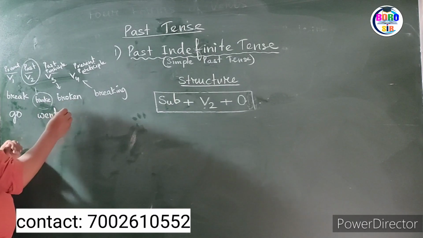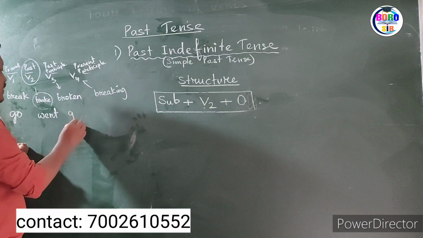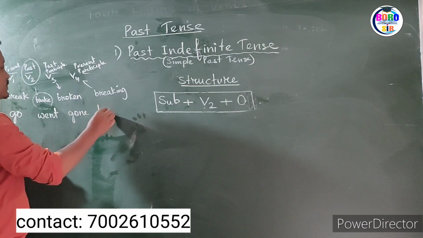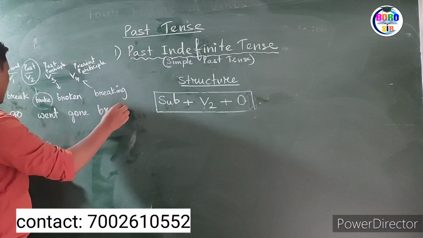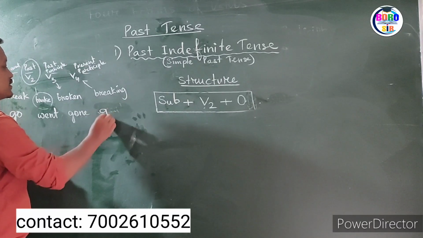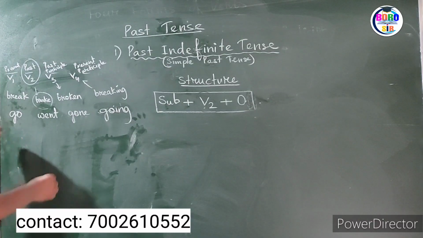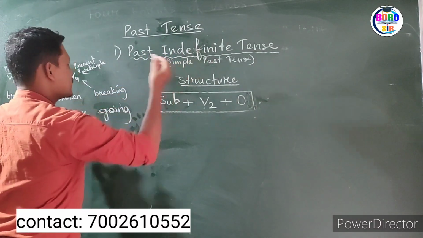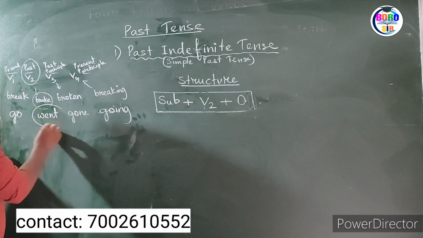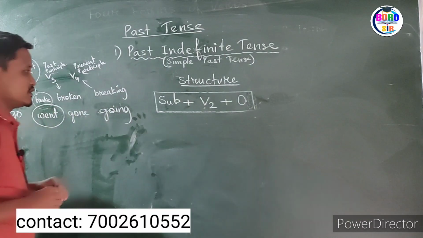And the next verb number 3 will be gone. And we have going in verb number 4. Now, since this is past indefinite tense, we need this second form of the verb, right?